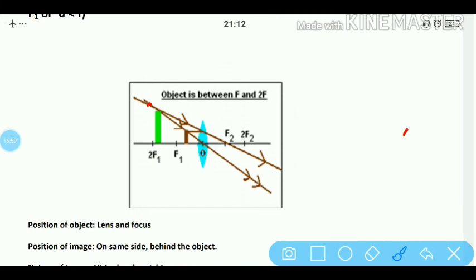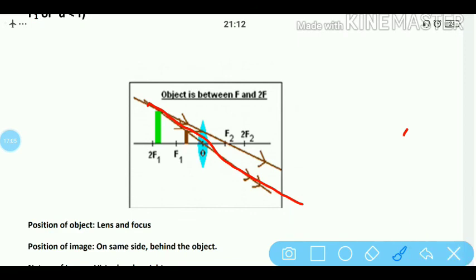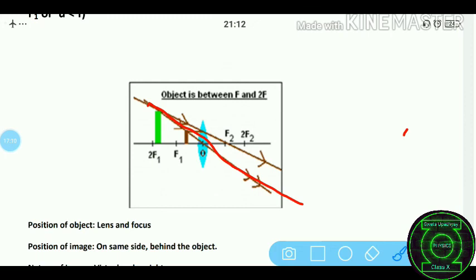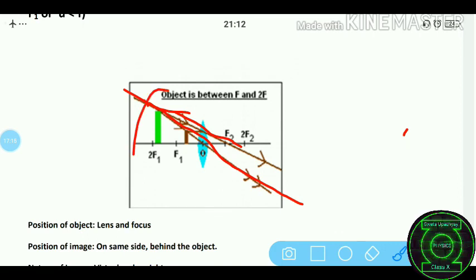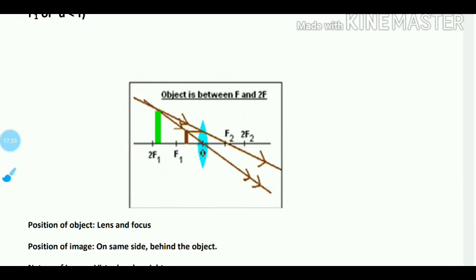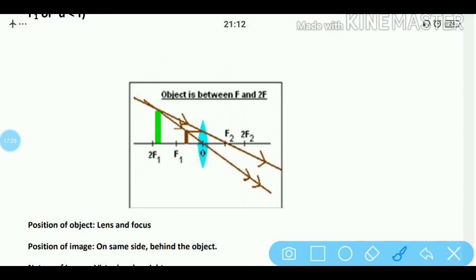The ray which is passing through the optical center will pass undeviated, the first ray. Then the second ray we have taken is a ray which is coming from the focus. Extend it on the other side, and it will meet at a point. This is our image. So the image is magnified in this case. It is virtual, it is erect.